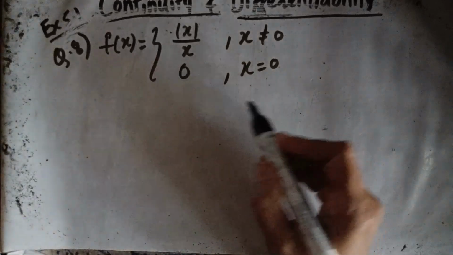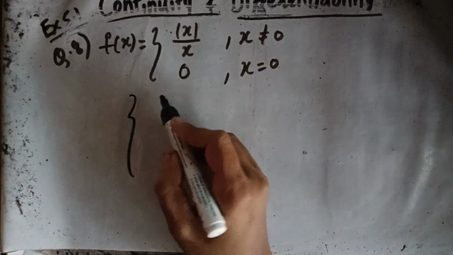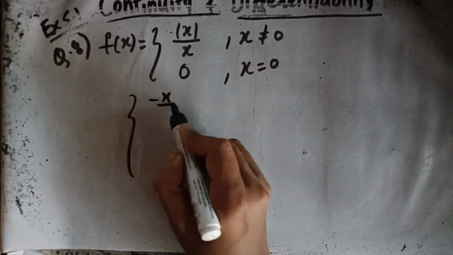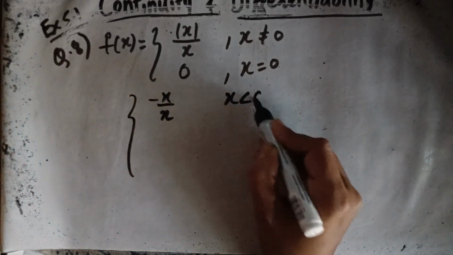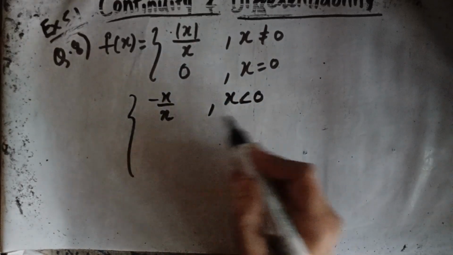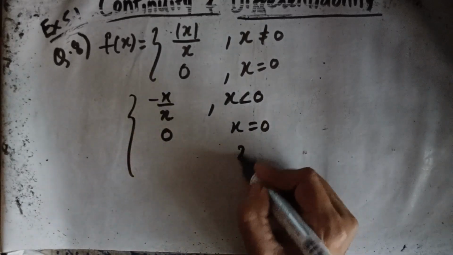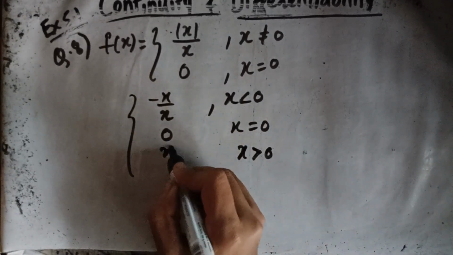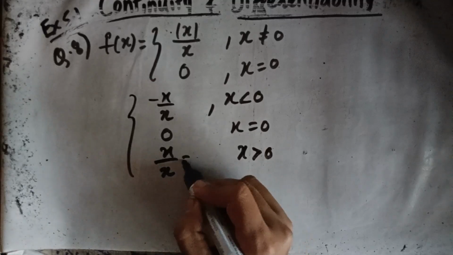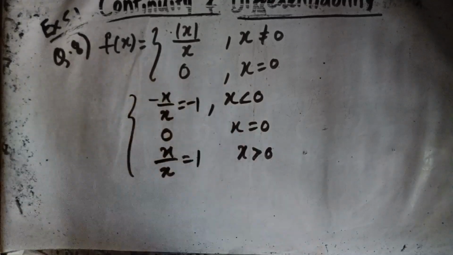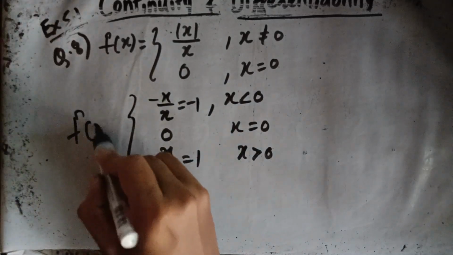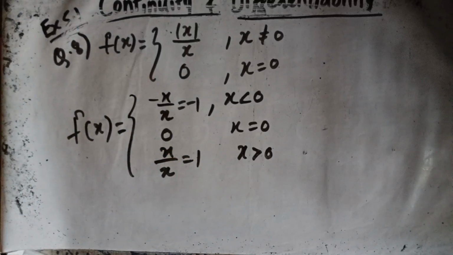For x less than 0, this will be minus x upon x, which is minus 1. At x equal to 0, it is defined as 0. And for x greater than 0, it is x upon x, which is 1. So this is our function.